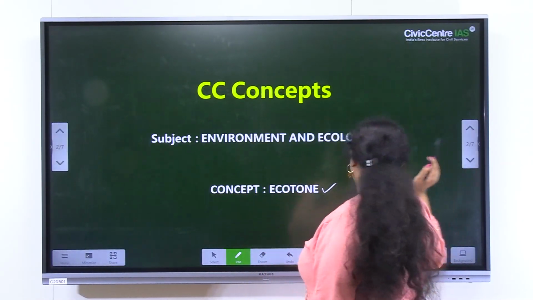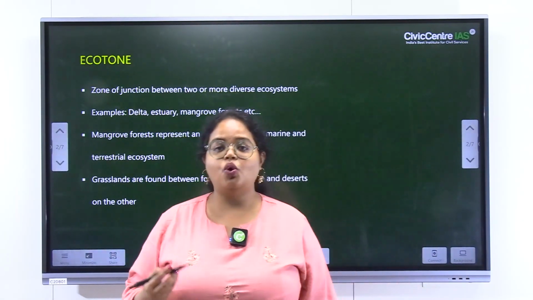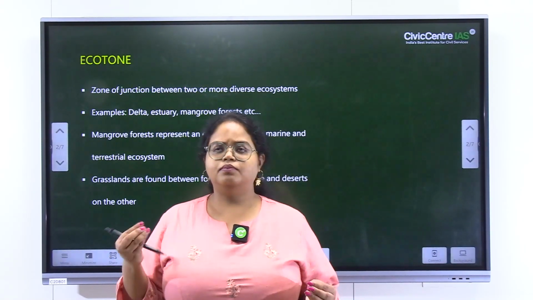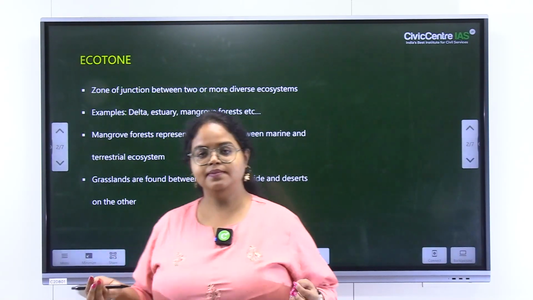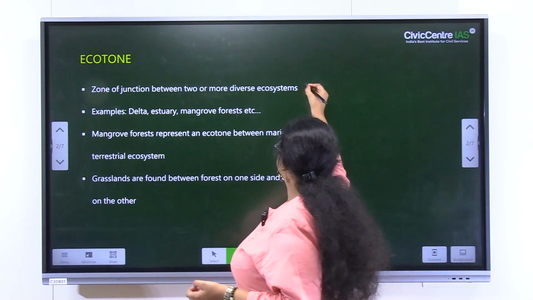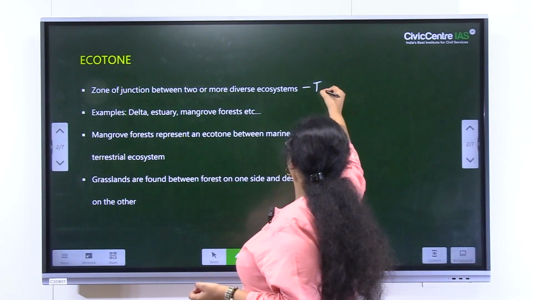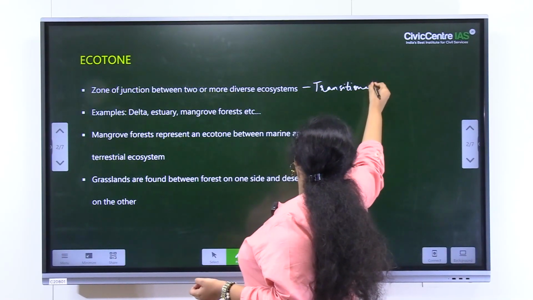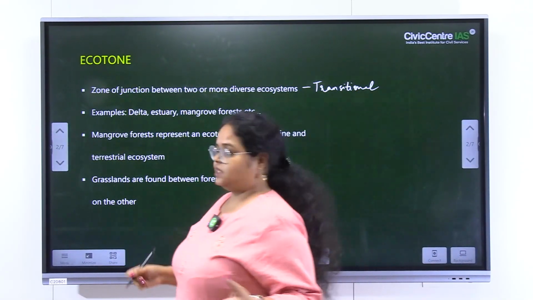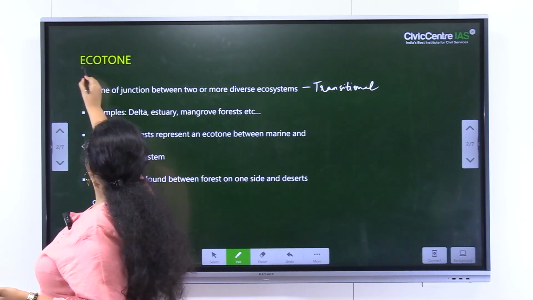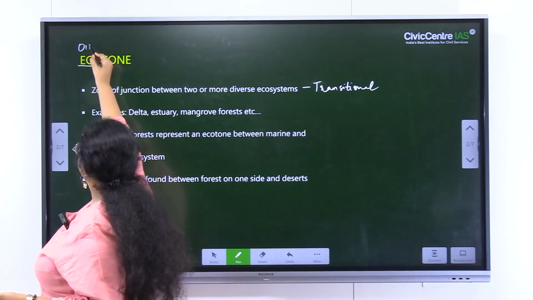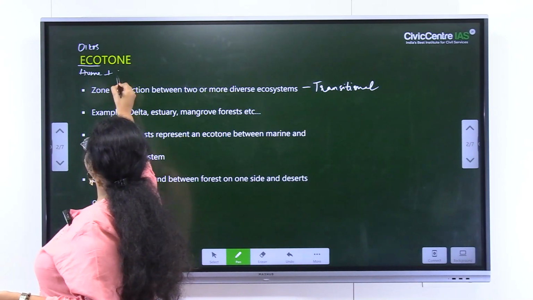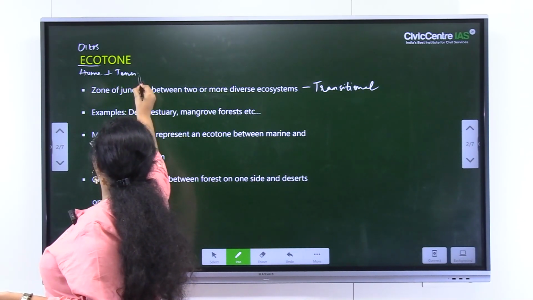What is an ecotone? Ecotone is a zone of junction between two or more diverse ecosystems, and this is a transitional zone between ecosystems. The word ecotone itself suggests, eco is derived from the Greek word oikos, which means home, and tone suggests tension.